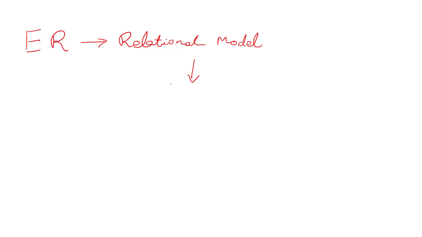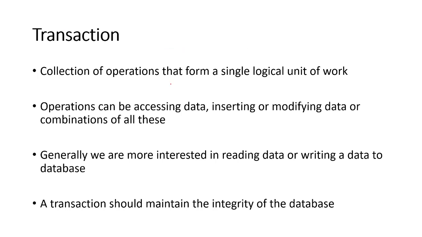Now, when we are accessing our data, this accessing of data is basically our transaction. So by definition, we can say that a transaction is a collection of operations that forms a single logical unit of work. So all the accessing operations or updating operations together make a single transaction.